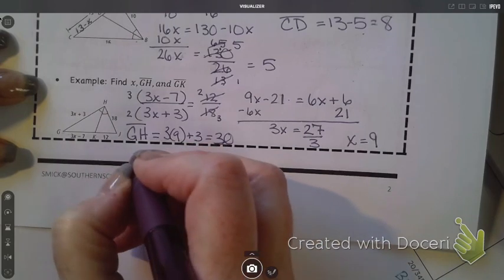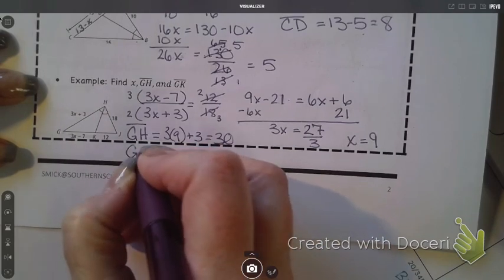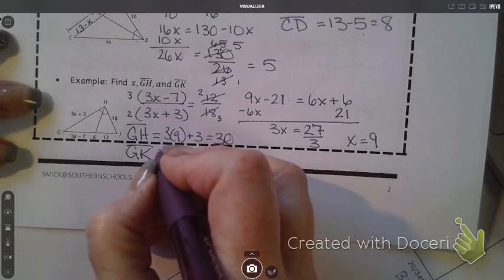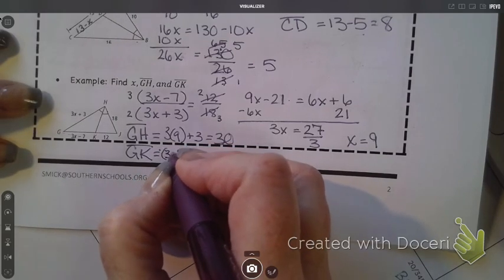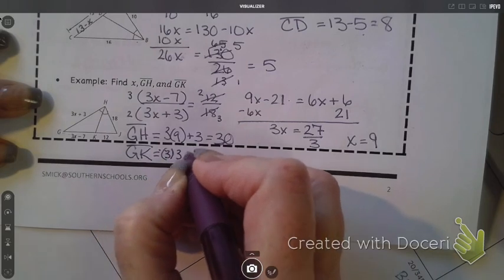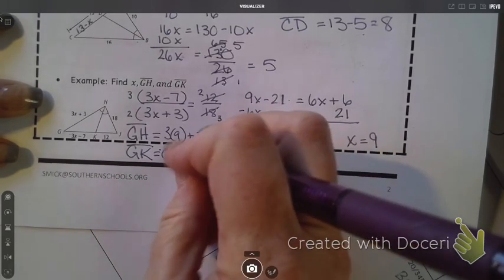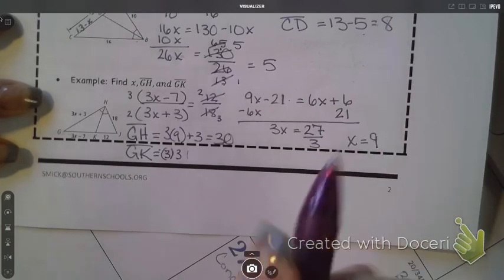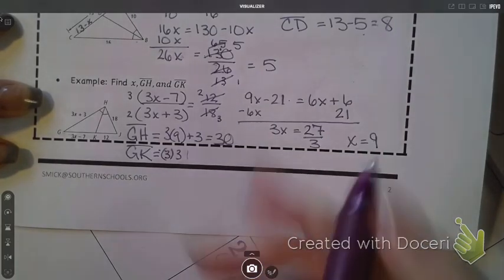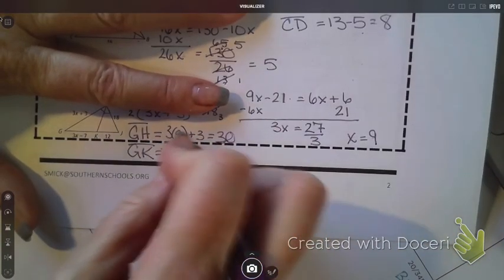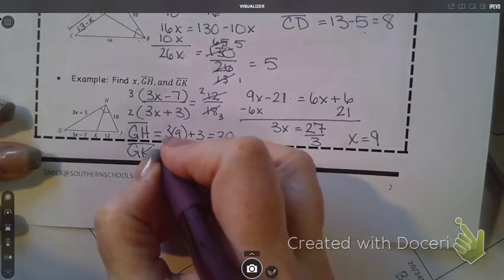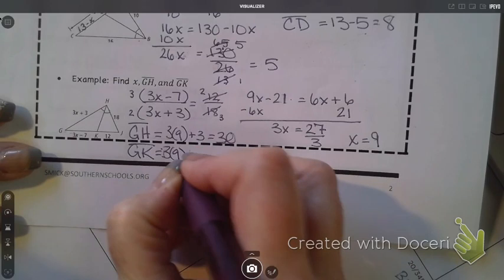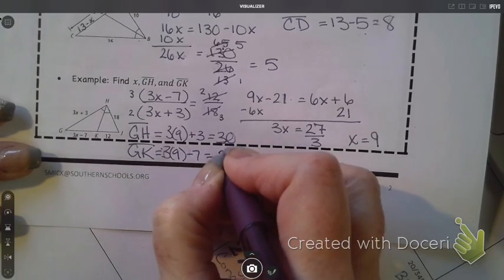And GK is 3 times 9 minus 7. Oh, I put in 3. Why did I put 3? Messing up my 3s and 9s. 3 times 9, 27 minus 7 is 20.